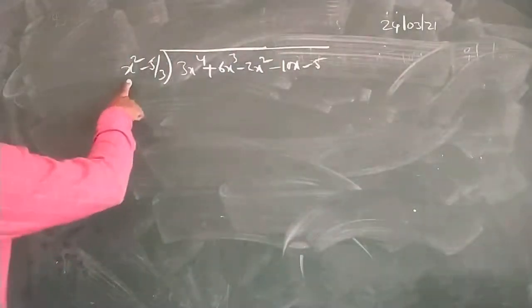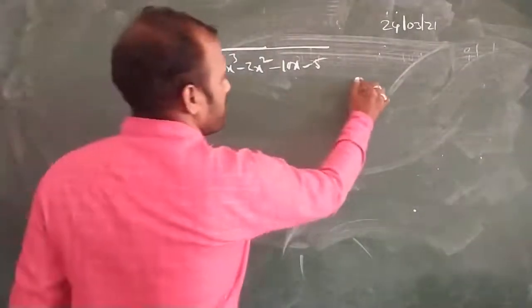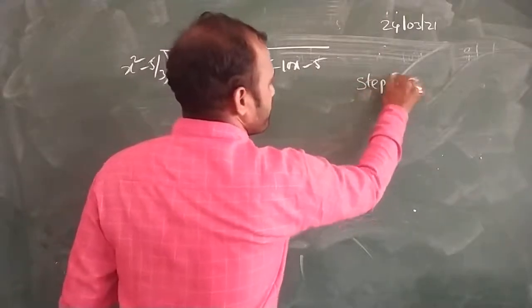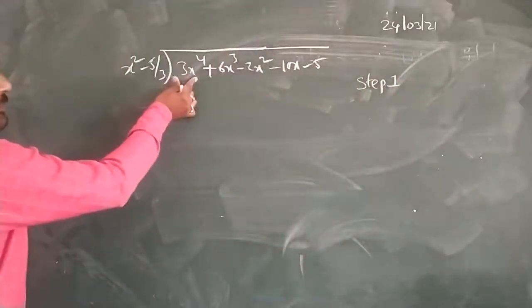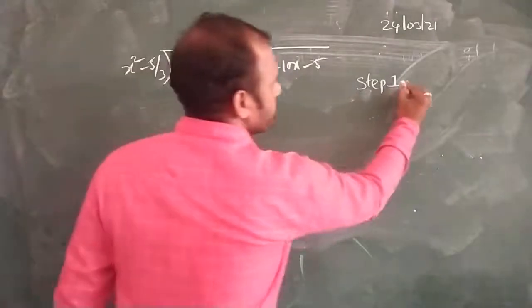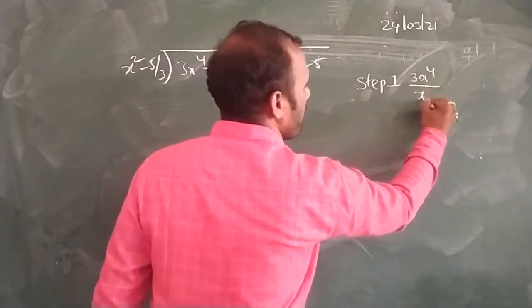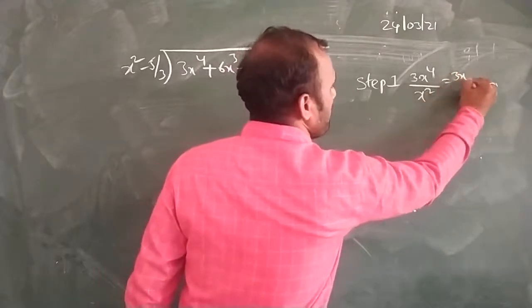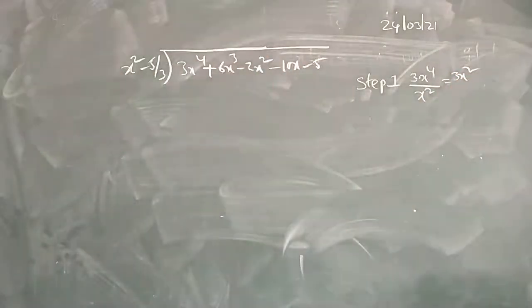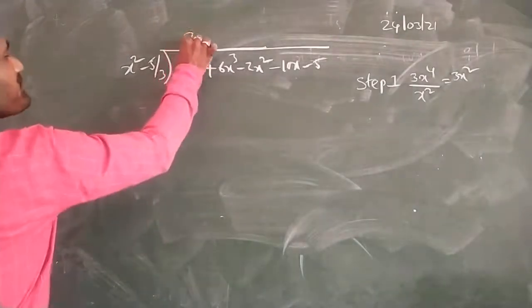Yesterday we learned step 1: we divide the first term, 3x power 4, by x square. The answer will be 3x square. So let me write here 3x square.